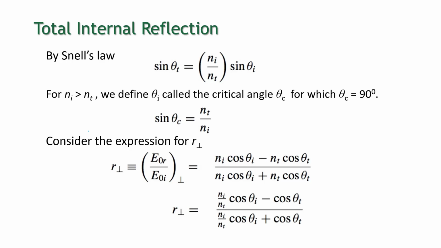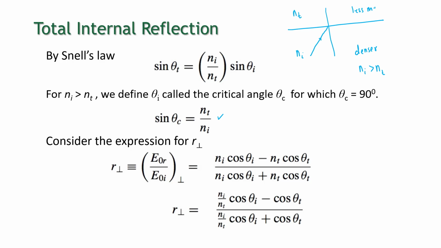So using Snell's law, we can write the critical angle in terms of refractive index. So this is Snell's law. If you have two media, one with nt and the other one with ni, and the light is going from this medium ni to nt, and in this case ni is greater than nt, meaning this medium is denser than this medium, which is less dense.